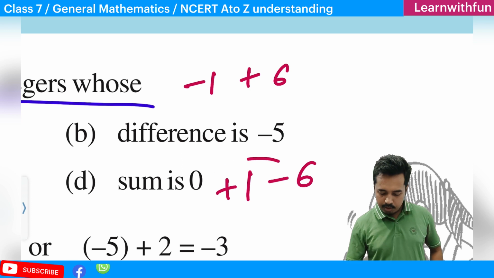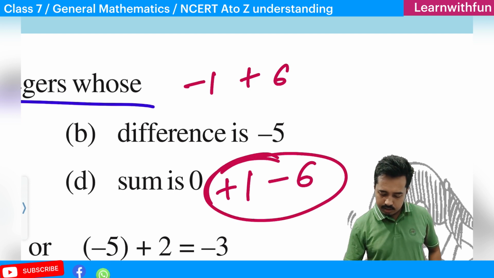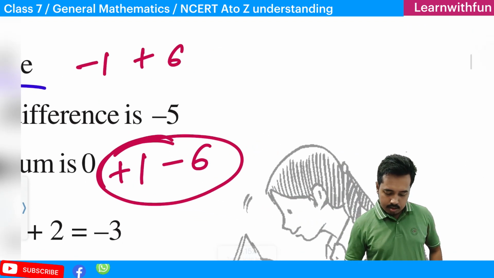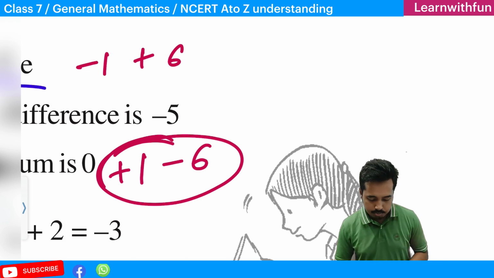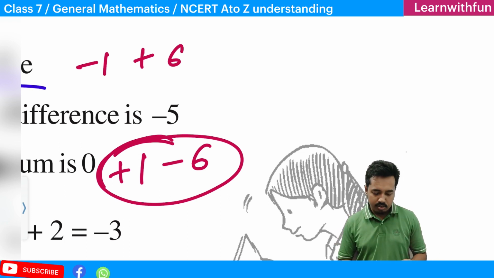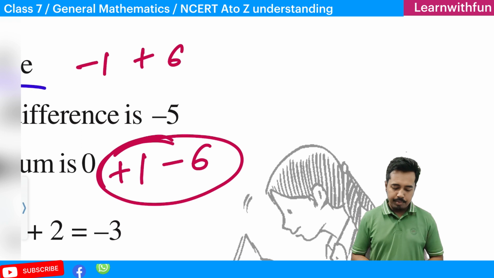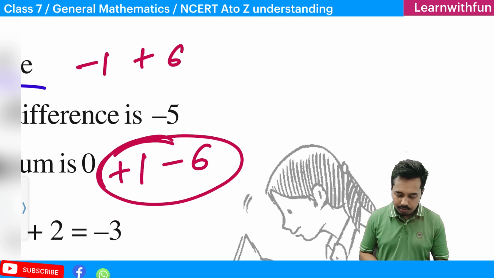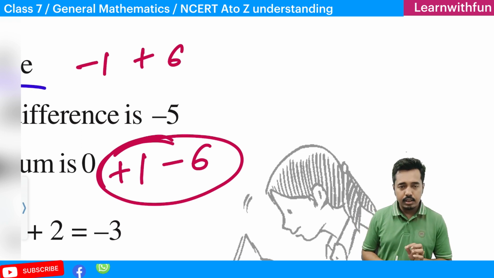Because in this case, the sign before 1 is plus and the sign before 6 is minus. So we can say that the signs before the numbers are different. So what we will have to do is subtract 1 from 6.